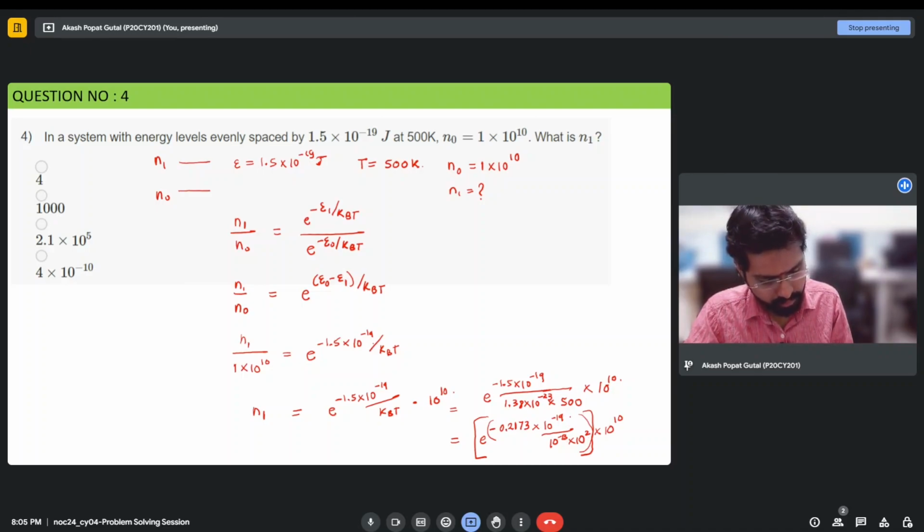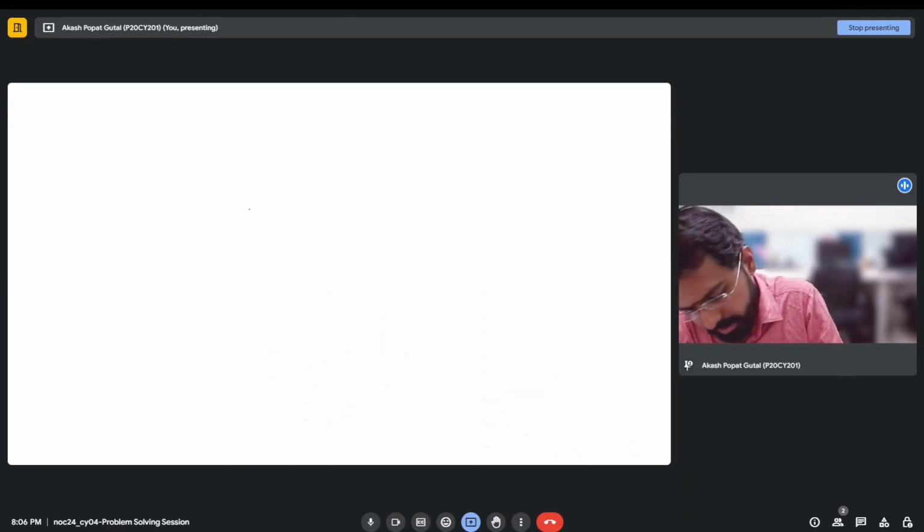If it goes in the upside, 10 raised to 21 and 10 raised to 2 will remain. So this will be minus 21.73. So we are having N1 is equal to e raised to minus 21.73, and this into 10 raised to 10.